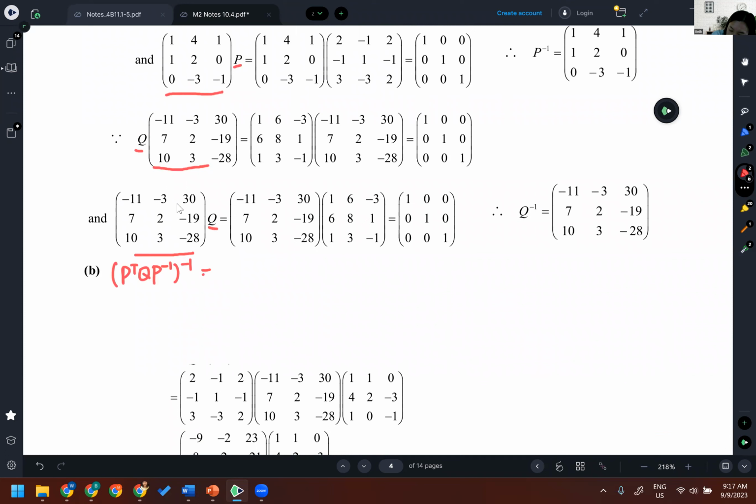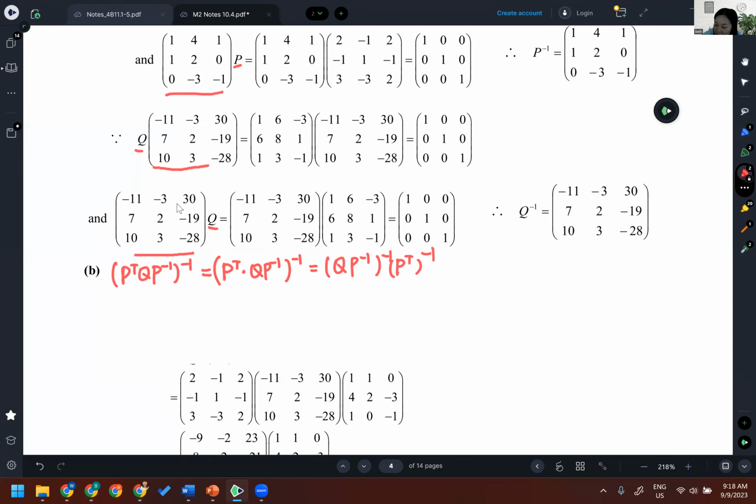For example, this is 1 and this is 2. This is P transpose, and then Q, P inverse, like this. And then you can do Q P inverse, P transpose inverse. That is (AB) inverse equals B inverse A inverse.